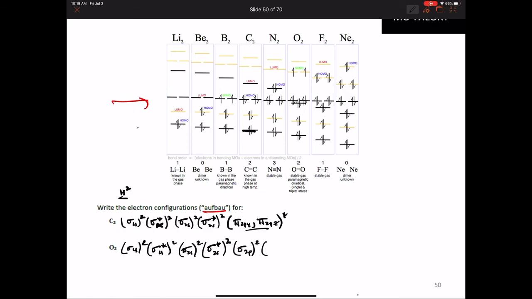Then both pi's are filled, so pi 2py, pi 2pz, 4. And so then we have 2 electrons in the pi star 2py, pi star 2pz. So this is like writing electron configurations, but they're molecular orbital configurations. Kind of a pain, but there you go.